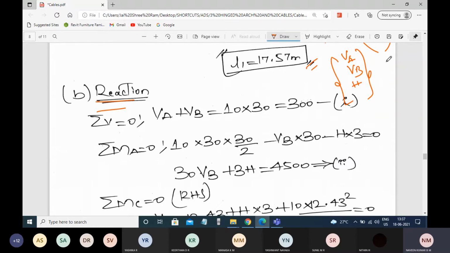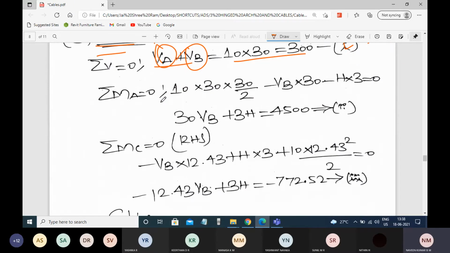In order to find the reactions, you need to consider equations of equilibrium, sum of vertical forces. All these things we have discussed, and you'll get the two unknowns, VA as well as VB. So one unknown has to be determined in order to get the other one, right?